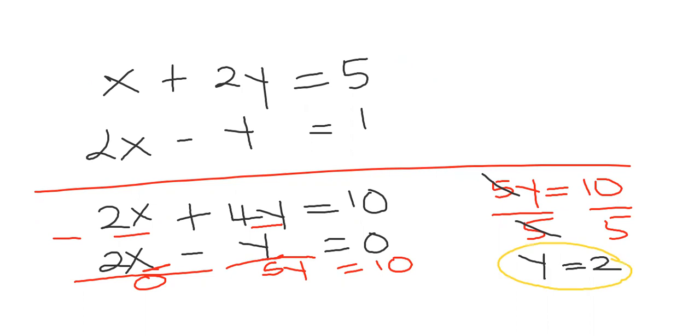Now, to find the value of x, you're going to pick any equation, either this one or this one, or even this one. Remember, this one is just the first equation, just that we have rewritten it. So it's up to you. Pick any of these equations, then substitute the value of y in them to get the value of x.